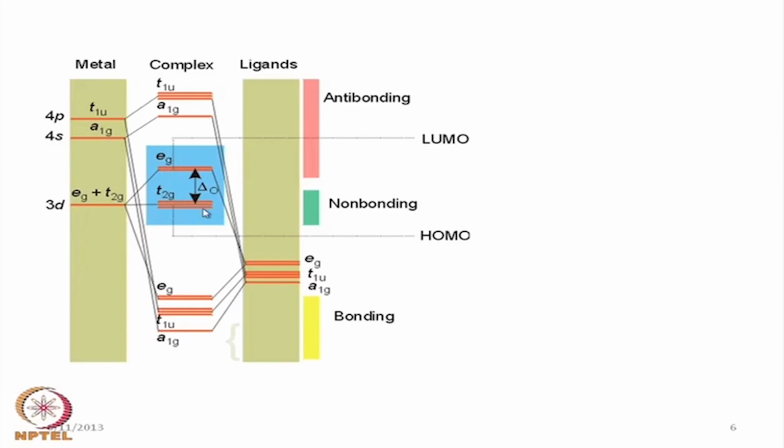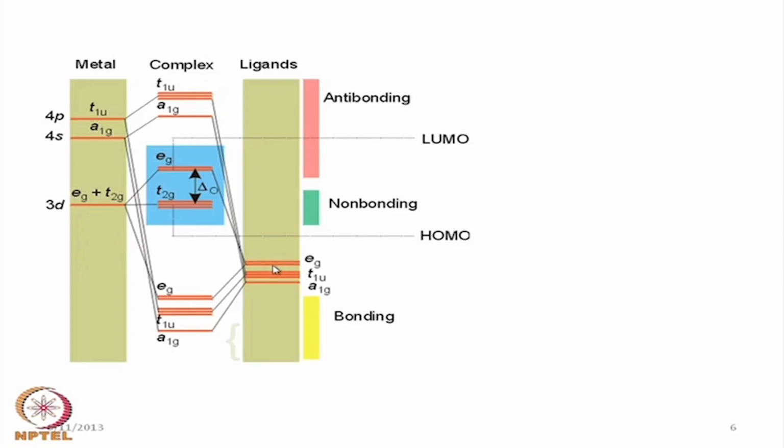But the fact is that the EG level is involved in sigma interaction with the EG level from the ligand side. So, if the energy of this EG level from the ligand side is different, our stabilization energy for the EG level as well as the destabilized EG star level will also be of different energy.